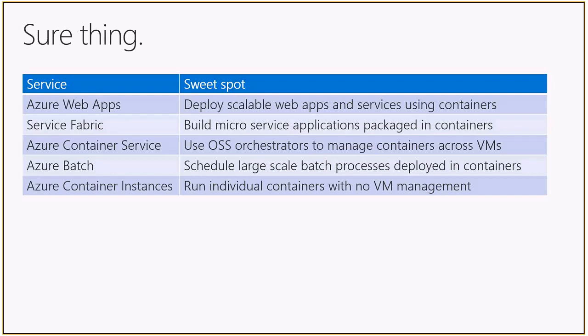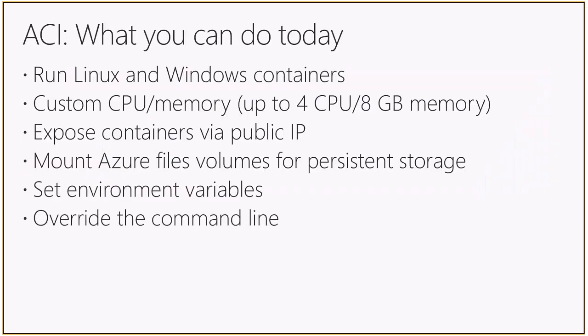As this service evolves, you will see more and more integration with these other container services that we have in Azure, especially with AKS. We have already seen a preview of that with the ACI connector.